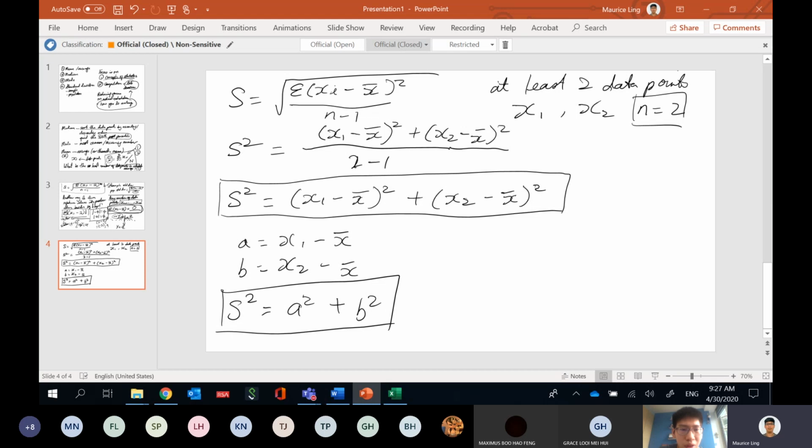Or if I were to write it out, if I say that C equals to S, if I change this to C square, what does this equation look like? Pythagoras theorem, right? I forget how to spell his name, Pythagoras.